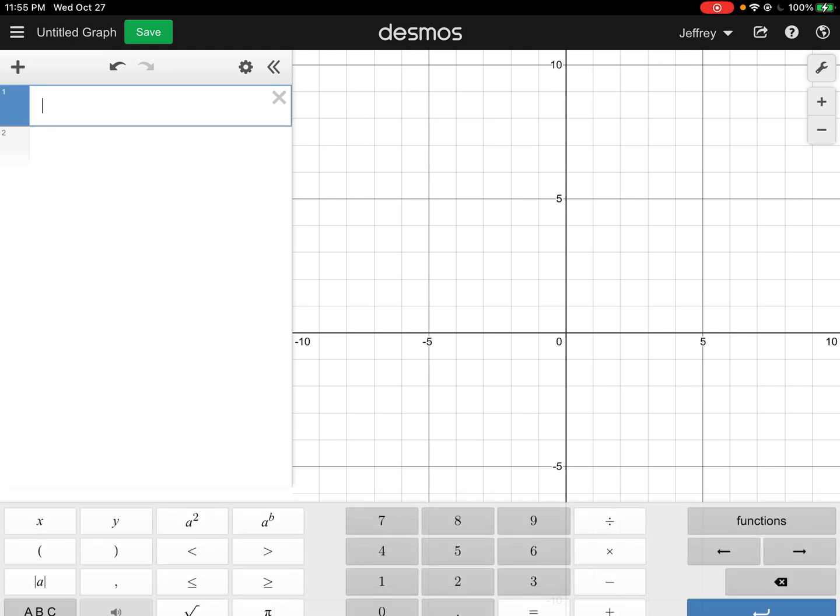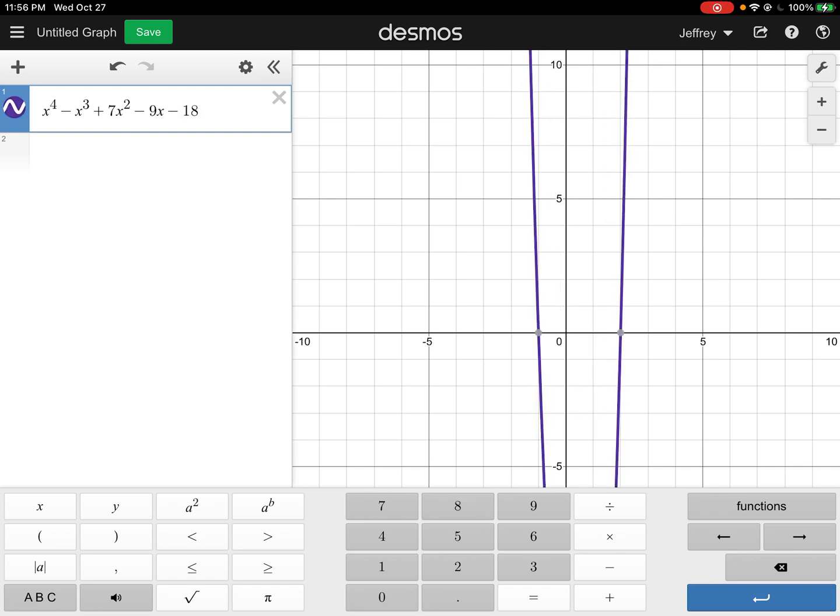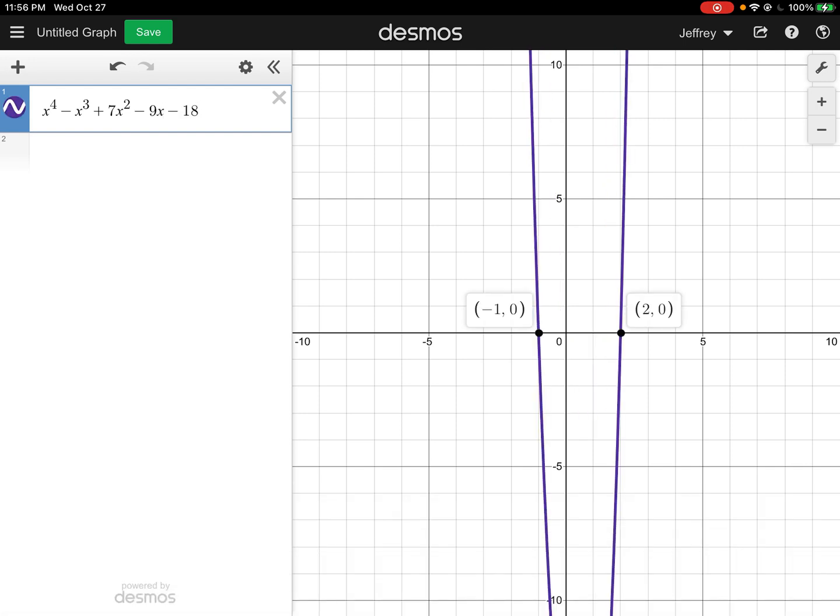So I had x raised to the fourth minus x raised to the third plus 7x squared minus 9x minus 18. So here I have 2 solutions I can see from the graph, and that's -1 and 2.